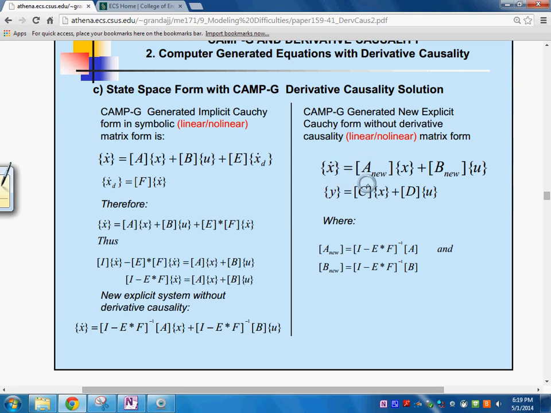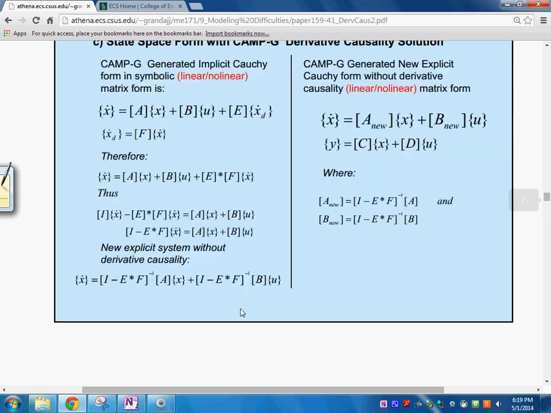I call it A nu plus B nu, and that would be I minus E times F inverse multiplied times A, and B would be I minus E times F inverse multiplied by B. Okay, so this A and B are this new A matrix, and they come from these products, just so that you remember.